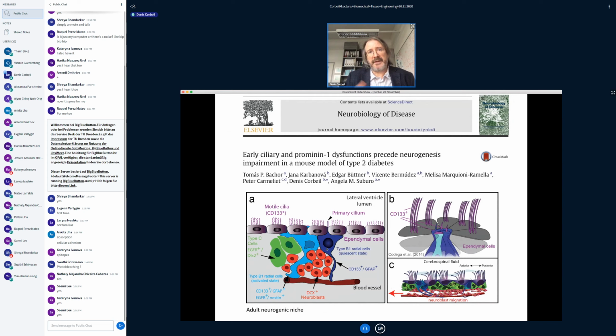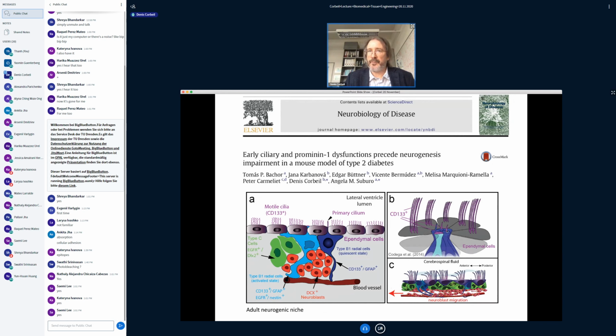And this astrocyte can be activated, it's prominin CD133 positive, and can generate neuroblasts, can generate new neurons. So you have a primary cilium in this astrocyte, also called the B1 cell, but you also have a lot of cilia, called multicilia, in the ependymal cells, as you can see here. They form like a wheel model, where you have the stem cell in the middle and the ependymal cells all around.